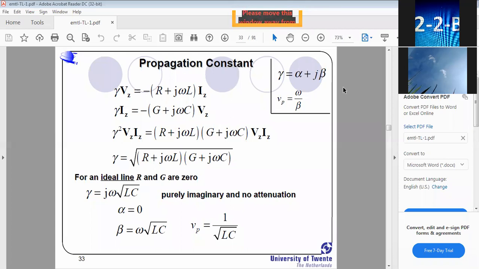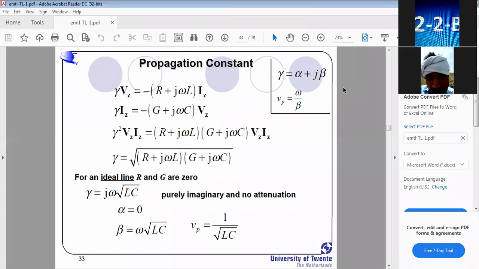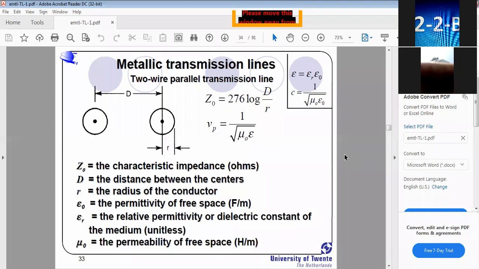So the next concept is metallic transmission lines.